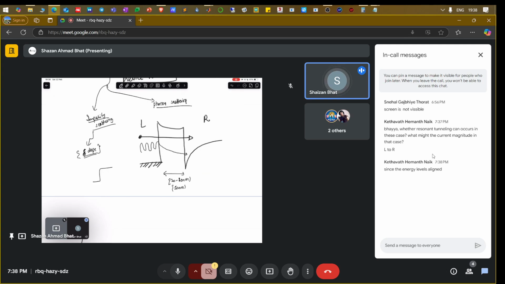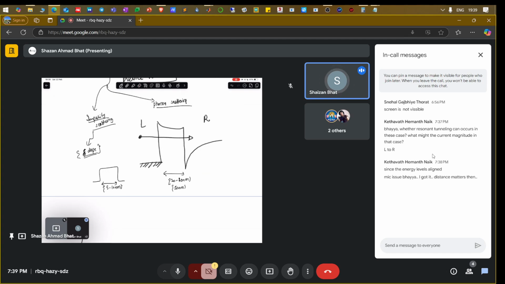For the tunneling to happen, this particular thickness should be approximately 5 to 10 nanometers. A very thin barrier should be there. So the first reason is that tunneling will not happen because it's a very thick barrier. There should be a thin barrier for the tunneling to happen. So the electron will not tunnel.